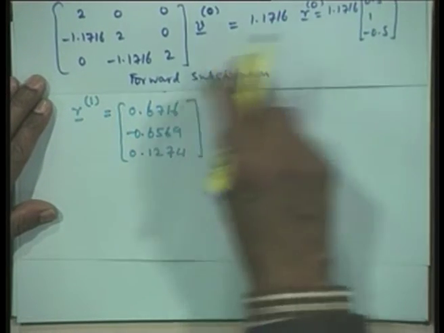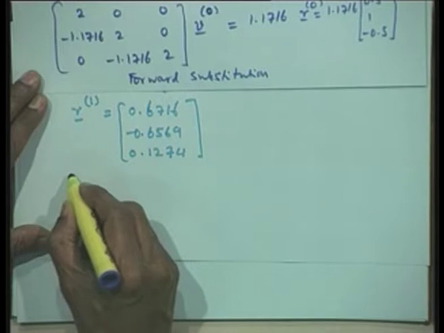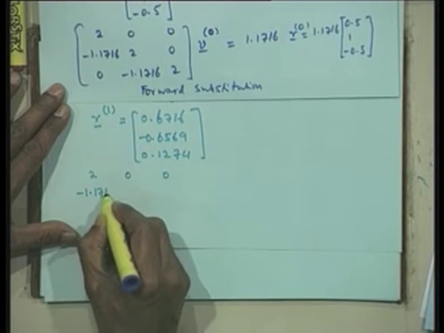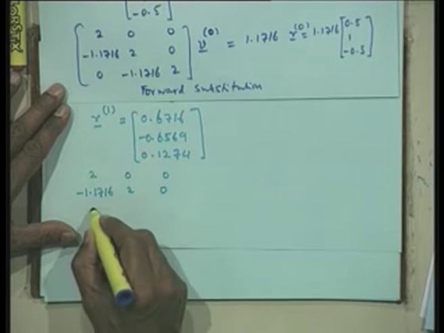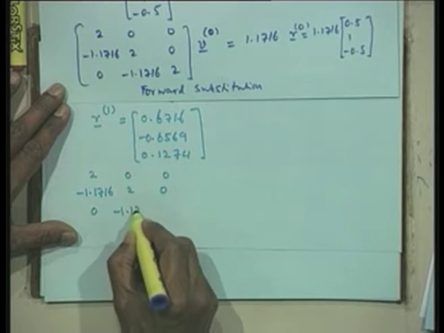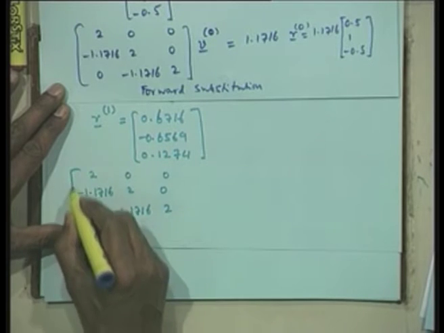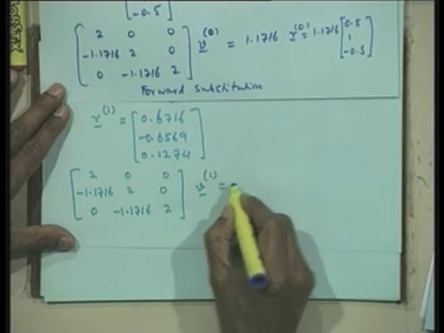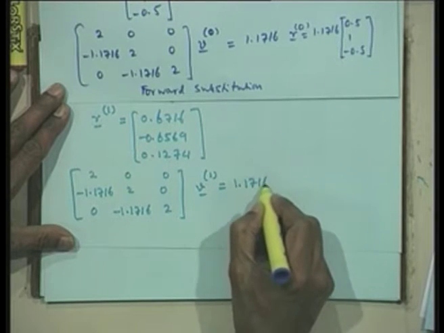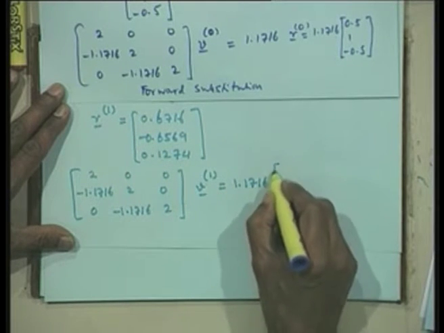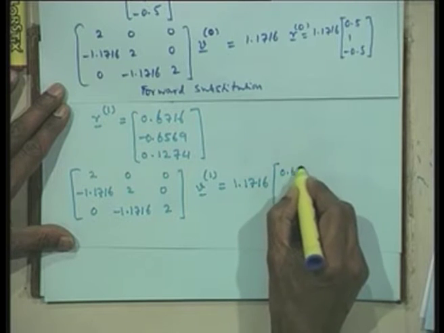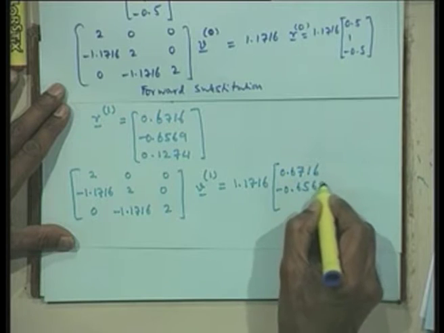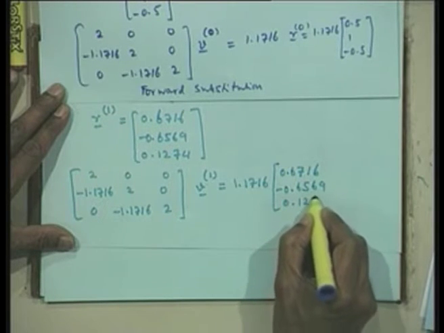Now I need to solve this system again. So I will again have to solve this system, 2 0 0, minus 1.1716 2 0, 0 minus 1.1716 2, V1 is 1.1716 into R1. So I could now write this as 0.6716, minus 0.6569, 0.1274.